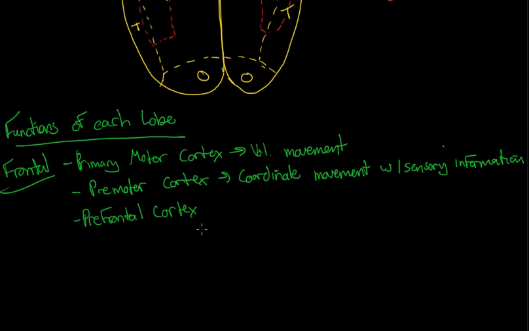There we're going to find personality, cognition, planning, and conscious thought. Personality, cognition, thought. We'll leave it at that.